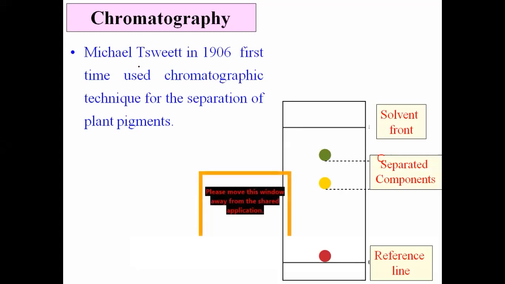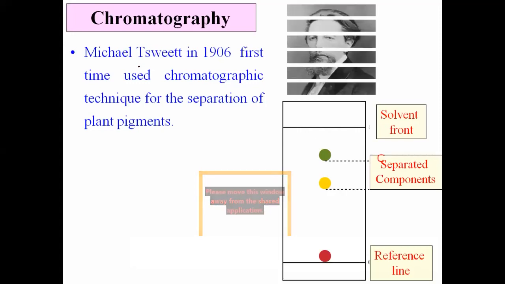It means this technique was first used by a botanist. Various components of the plant, such as alkaloids, terpenes, chlorophyll, and many other pigments present in the plant, were separated by him using chromatography. First it was used by a botanist, but nowadays this technique is very widely used by chemists for the separation of various chemical compounds.